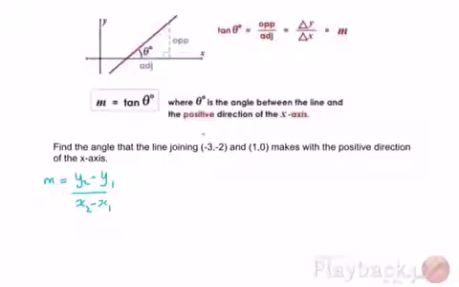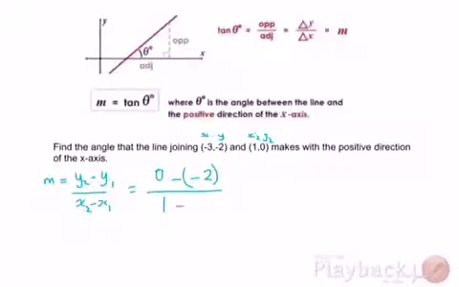I'm going to label my points x1, y1, and x2, y2. So plug them in, and I get 0 minus -2. Watch out for your negative signs.